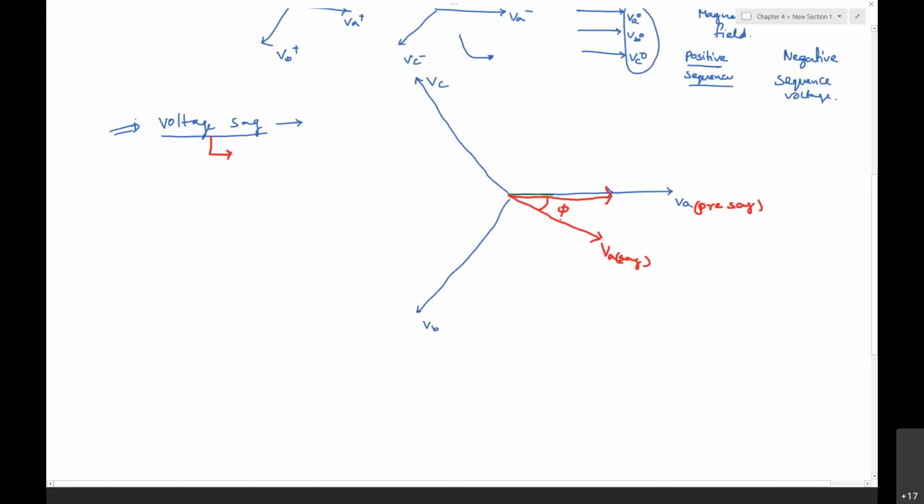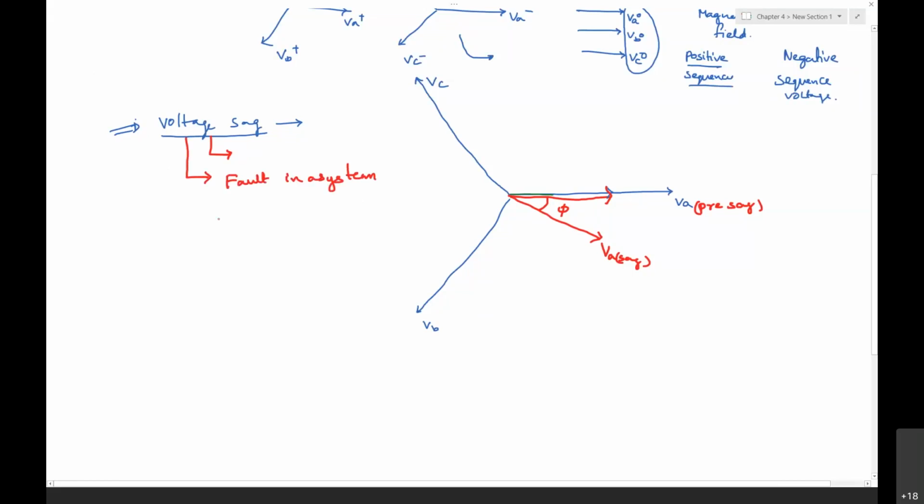Why do we have the phase jump in the voltage? Before going to that, this sag is going to occur due to a fault in a system.